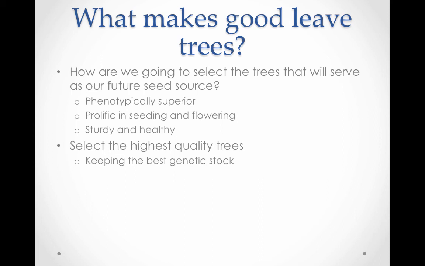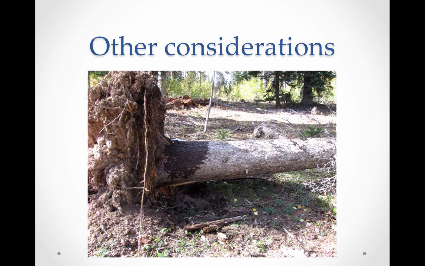You also want them to be sturdy and healthy. It's going to be a rather open environment, so you want these trees to hold up. Again, with silviculture, we're always focusing on what we're leaving behind. So we want to select the highest quality trees, so we're keeping our best genetic stock.